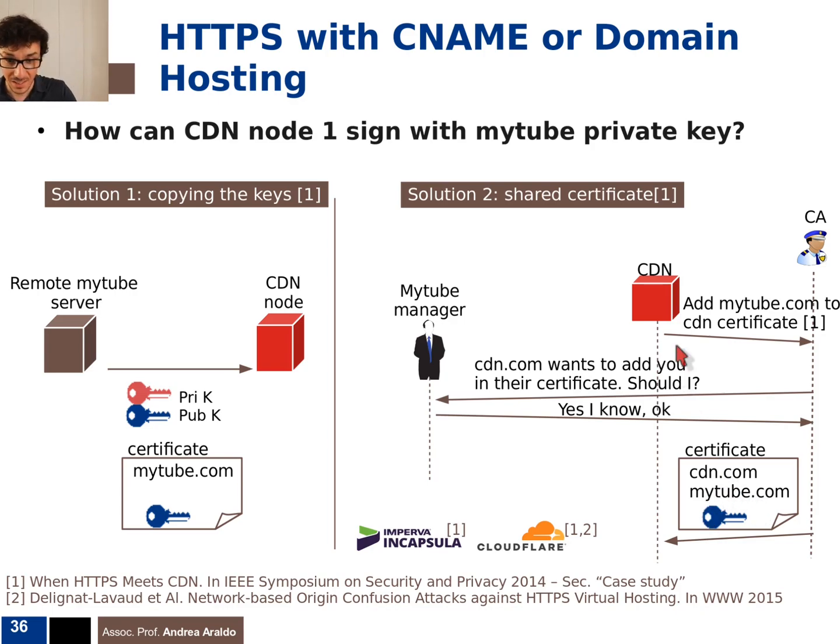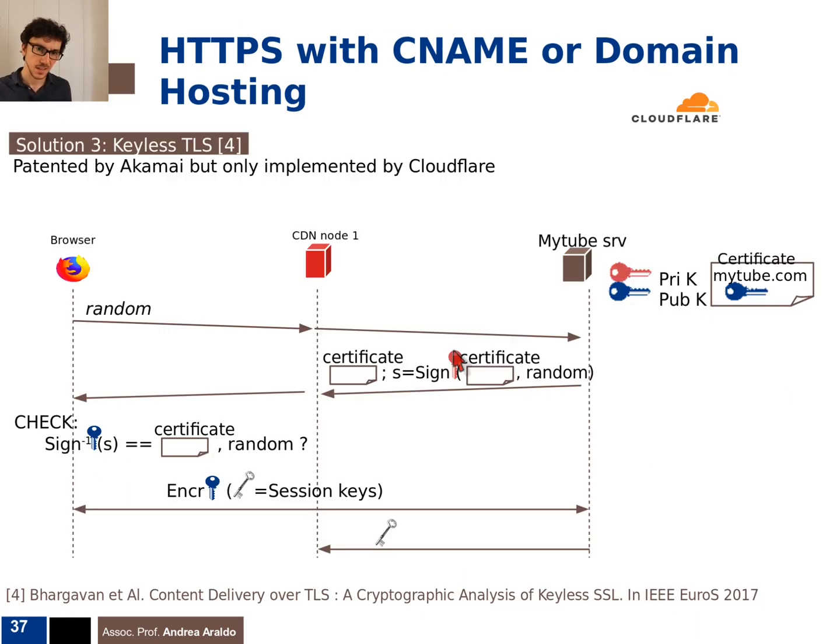But of course, here again, the CDN is able to impersonate MyTube. And so if the CDN wants to start malicious actions in the name of MyTube, they can do it. So this is again a security issue, but still it is one of the most used solutions nowadays.